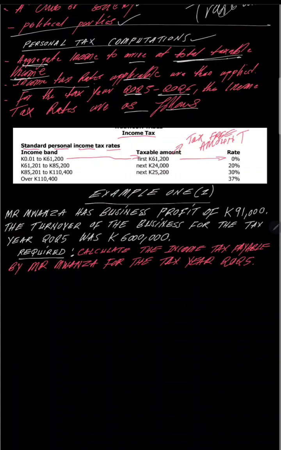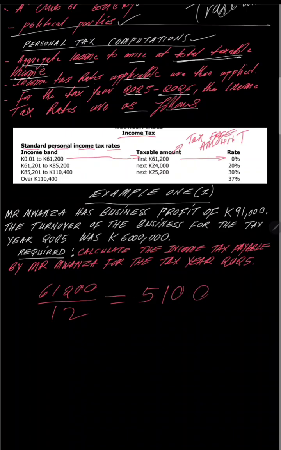It also means that you can convert these annual bands to monthly bands. For example, the first band is the tax-free amount. The tax-free amount is 61,200. If you want to convert this into a monthly band, you just have to divide it by 12. When you divide 61,200 by 12, you're going to get 5,100.